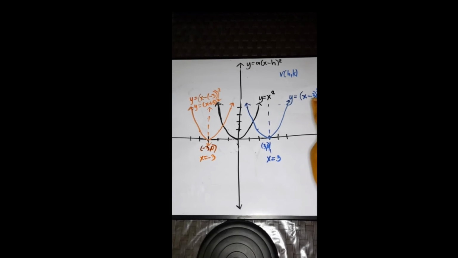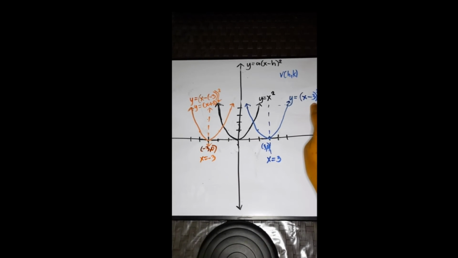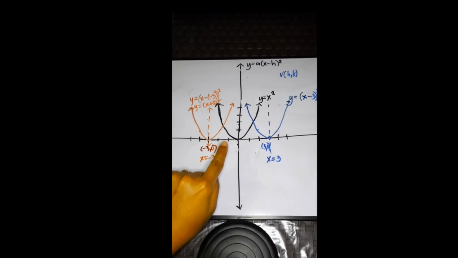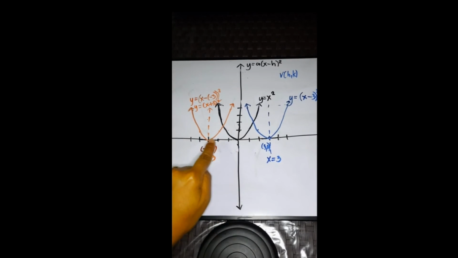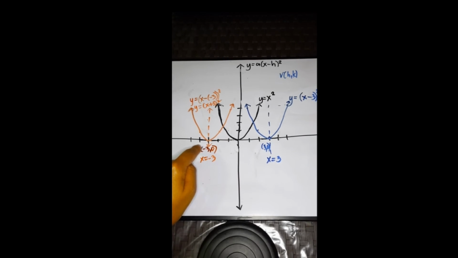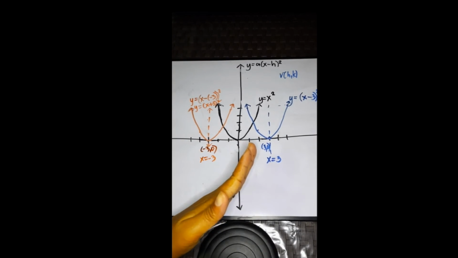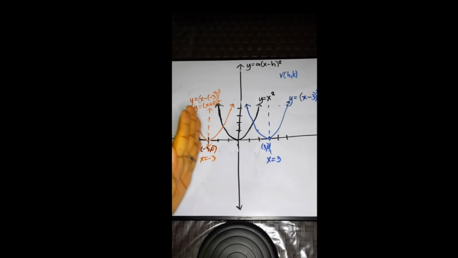Take note, our h is positive. If your h is negative, or if h is less than 0, we are going to shift the parabola h units to the left. Okay? Mag-shift tayo to the left side. Okay? Kung yung h ninyo is negative.